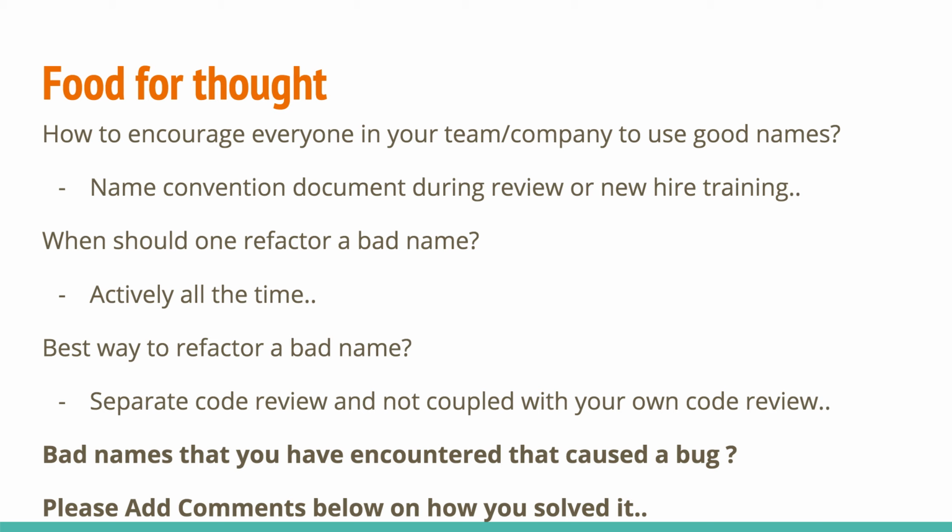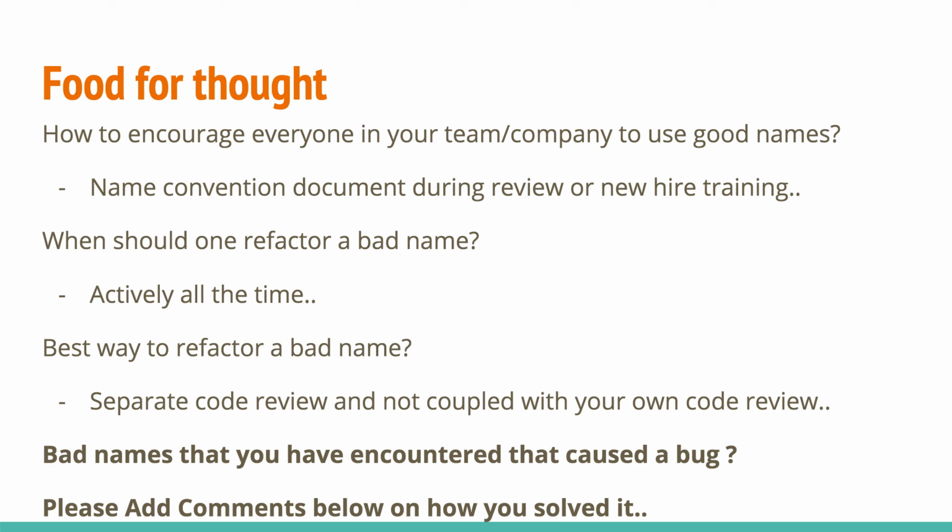How would you take this learning from this chapter and spread it? One thing that I could come up with is we could come up with a name convention document and then get all the new hires to go over it. And during the reviews, we make sure that we are adhering to the name convention document. So that's one way. I'd like to know, how would you think of spreading this?